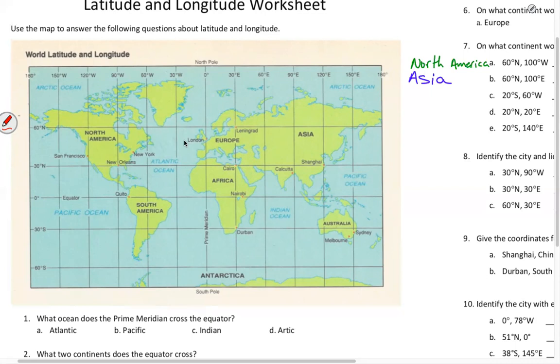What continent? So find 20 degrees south. Okay. And then find 60 degrees west and put your fingers on each one and then pull them together and see where they meet. South America.